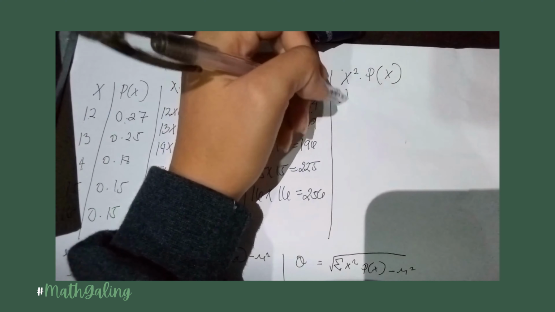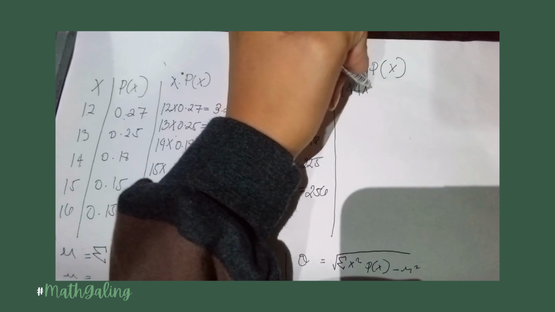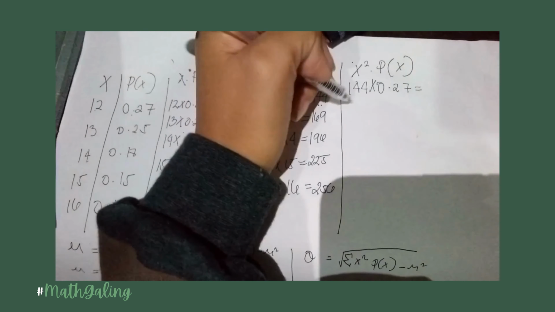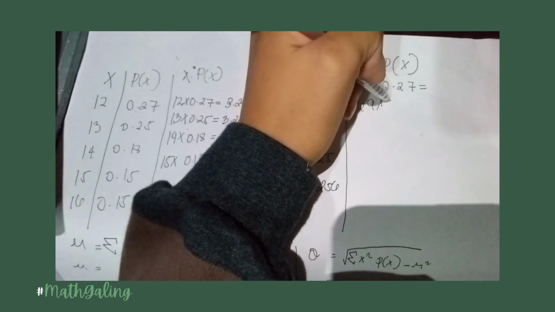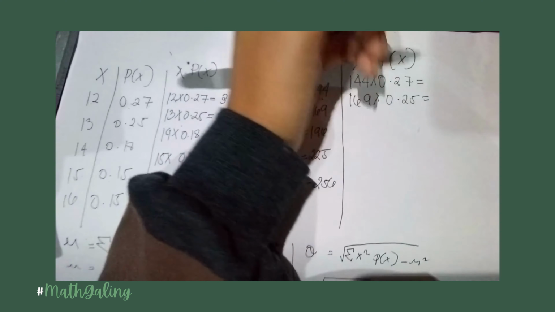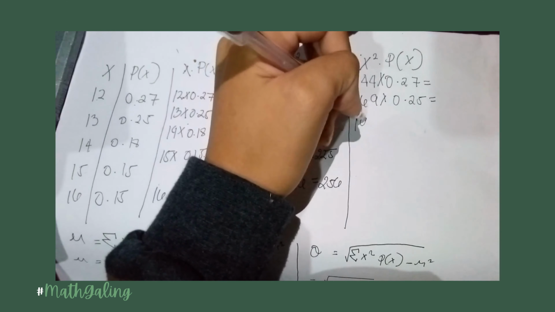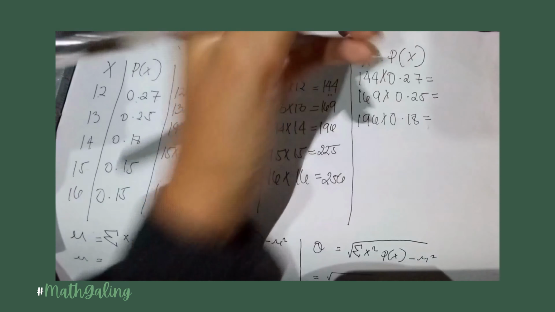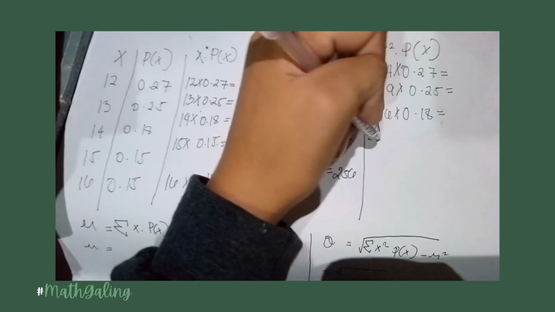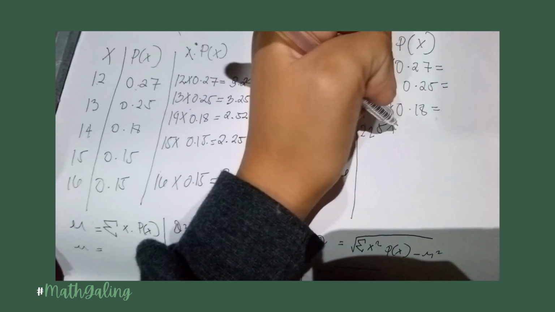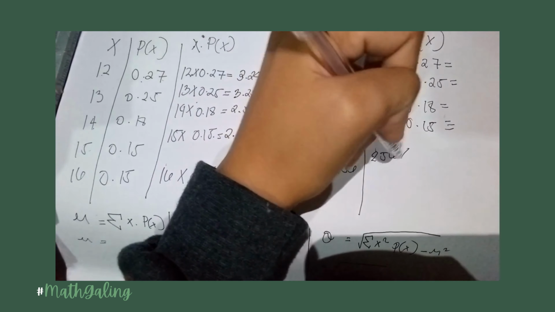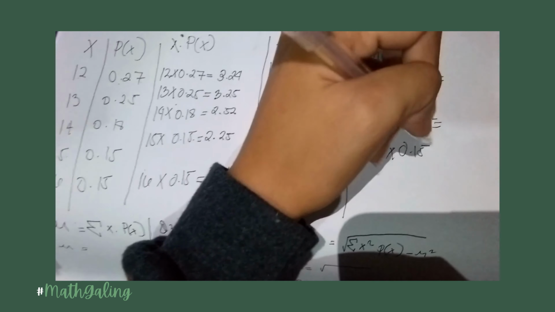We have 144 times 0.27, again 169 times 0.25, 196 times 0.18, 225 times 0.15, and the last 256 times 0.15.